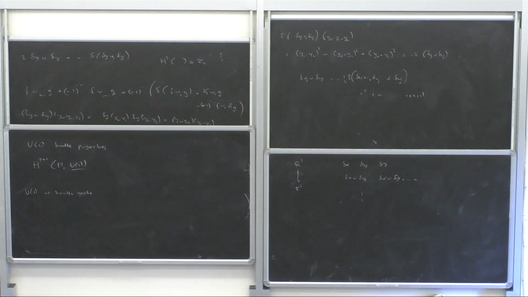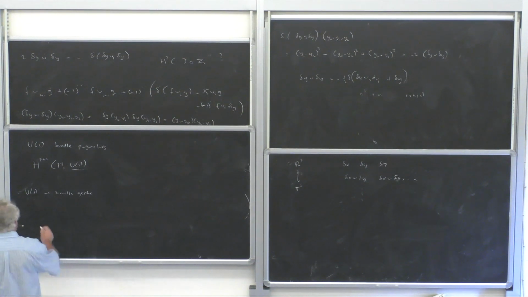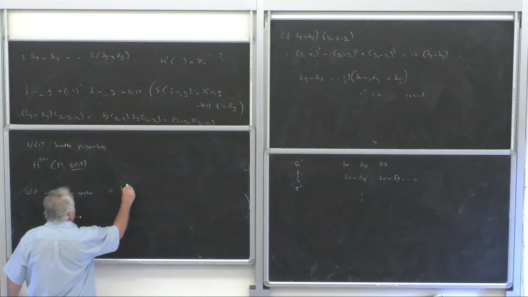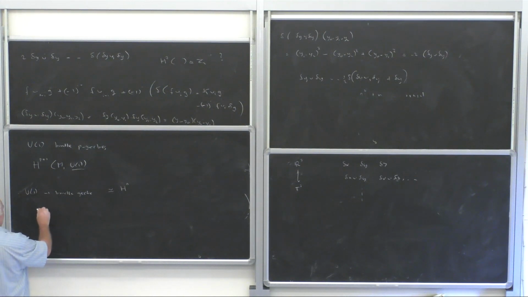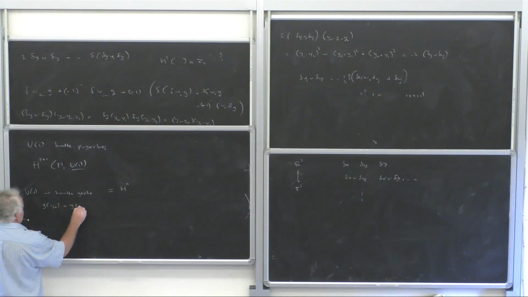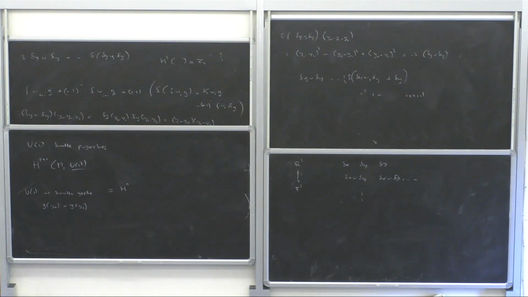should be associated with H^0. H^0 we have already seen. For a given submersion, H^0 classes are given by cocycles which satisfy this identity, the cocycle identity. I'm writing U(1) multiplicatively.